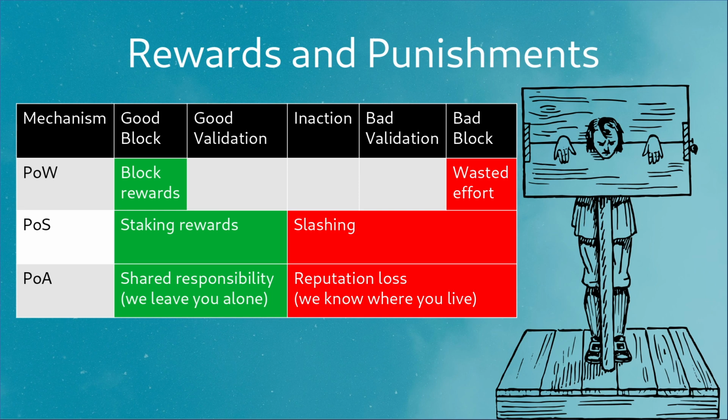And if you really are causing damage to the blockchain, they can come after you for damages, or they can kick you out of the blockchain, and this is something you will want to avoid. So proof of authority is all based on trust. People know who you are, and therefore they think you will act responsibly.